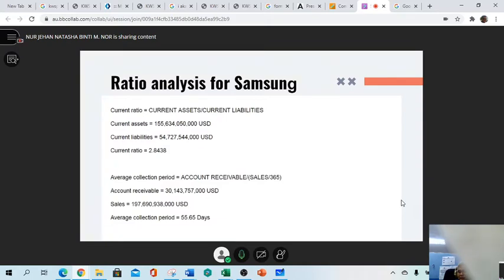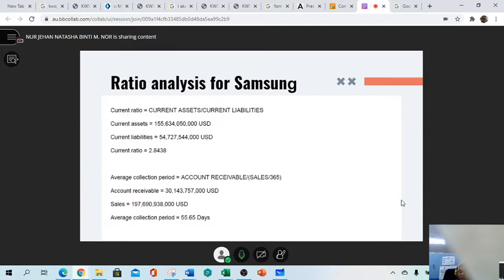While we wait for Amar, I will be continuing Amar's presentation until he reconnects. So for the ratio analysis of Samsung, the current ratio formula is current assets divided by current liabilities.